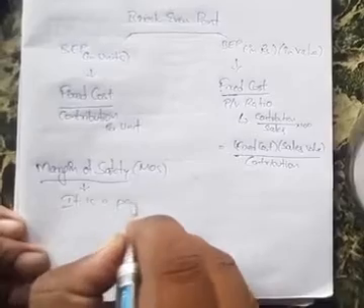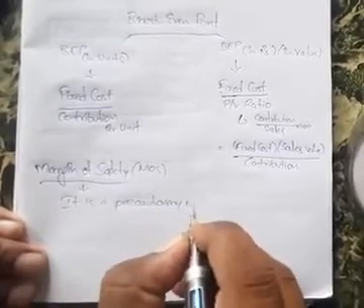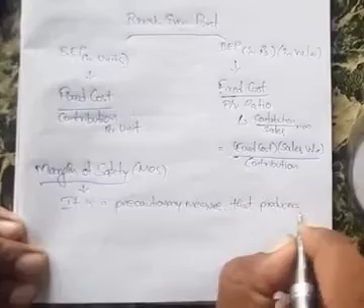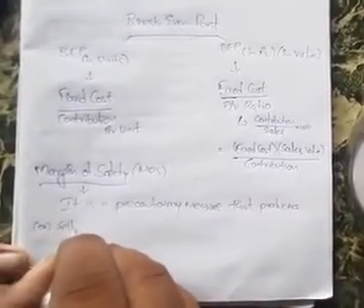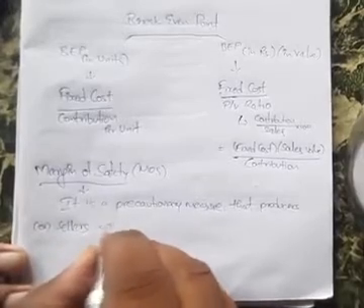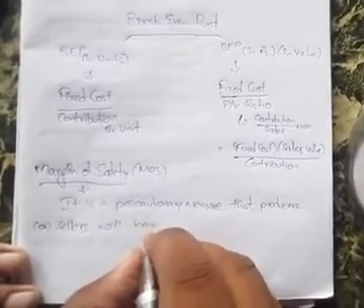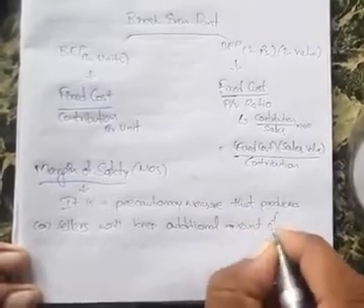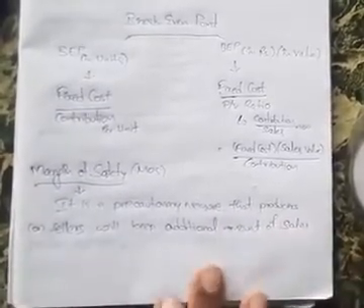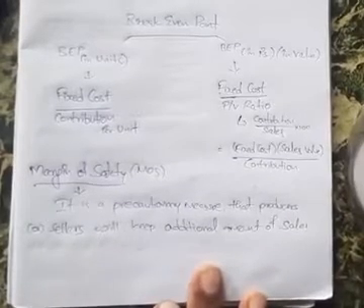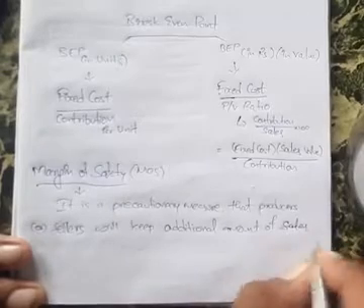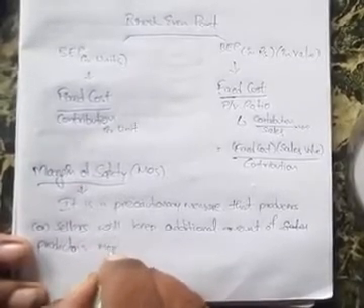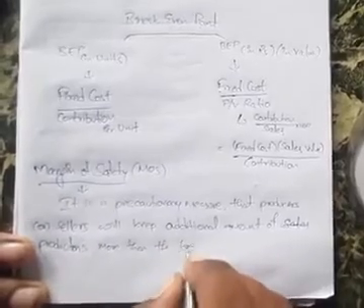It is a precautionary measure that producers or sellers will keep: an additional amount of sales, an additional amount of production, more than the break-even.